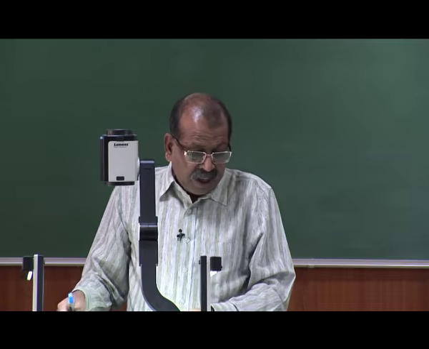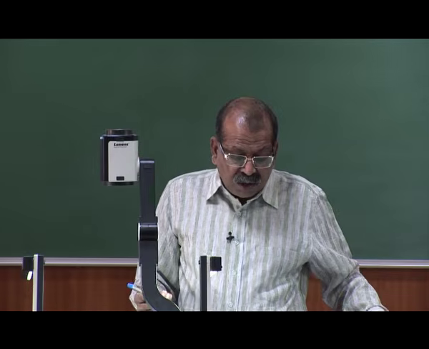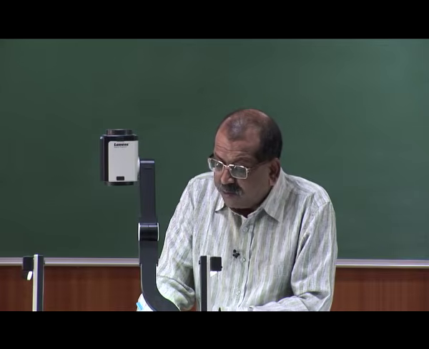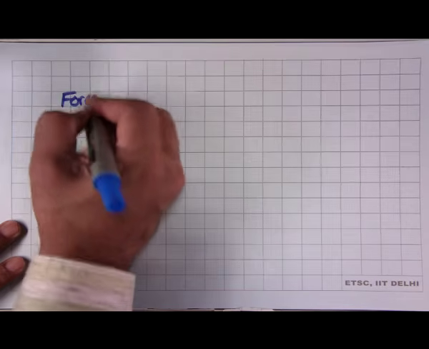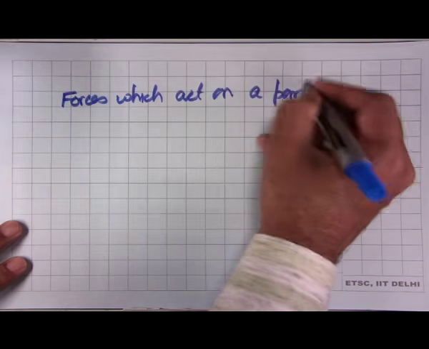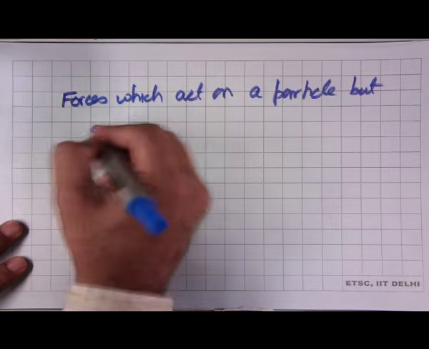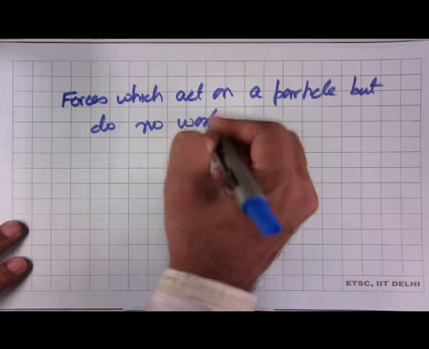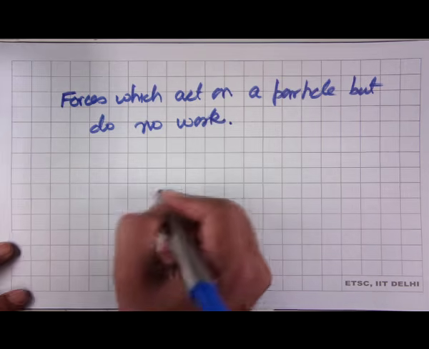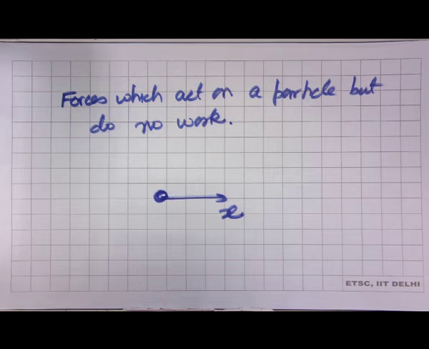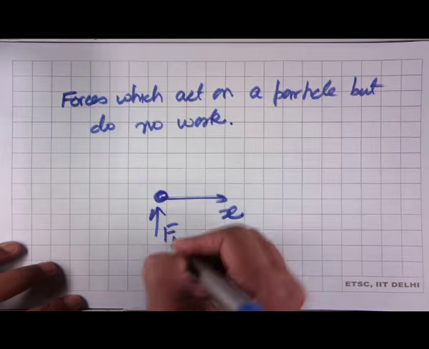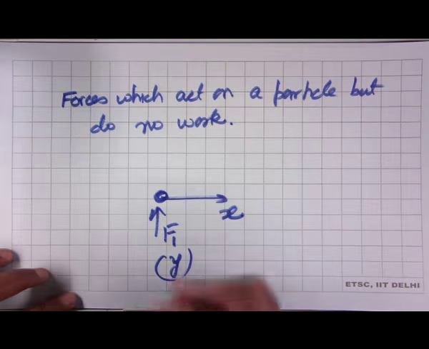Now, the advantage of this work kinetic energy formulation is that in a lot of problems there are forces which act on a particle but do no work. Now, how will this be possible? Suppose a particle is moving along the x direction, and we have a force F1 which is acting in the y direction.